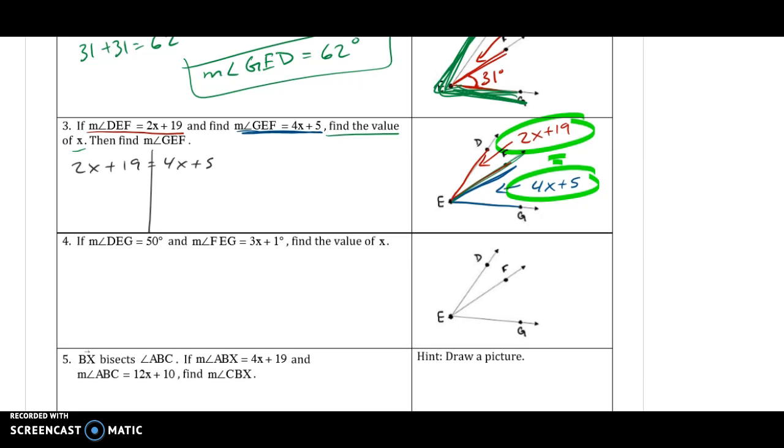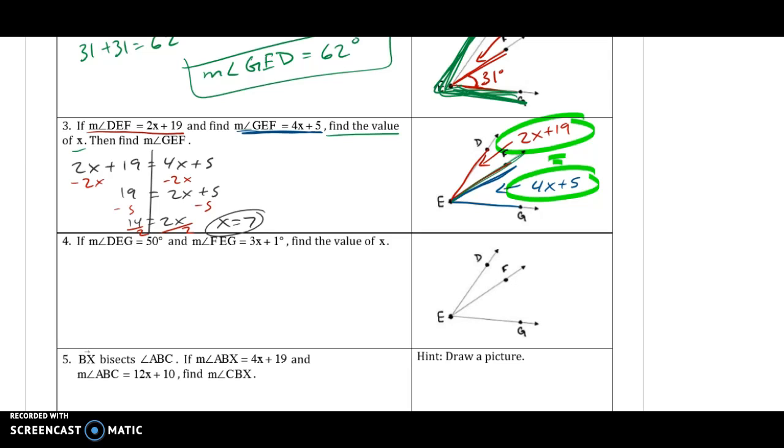And let's solve this. We get that x equals 7.